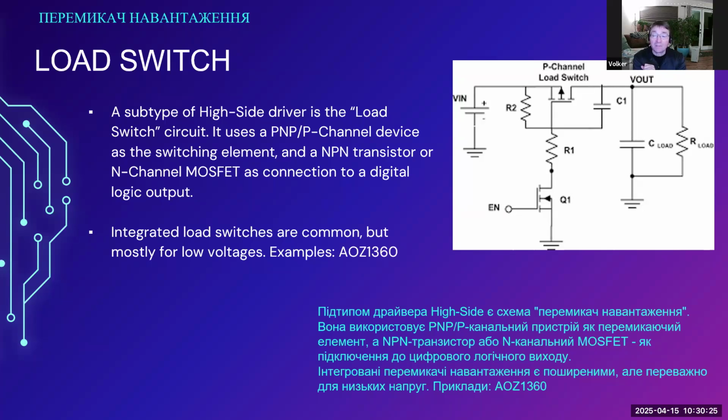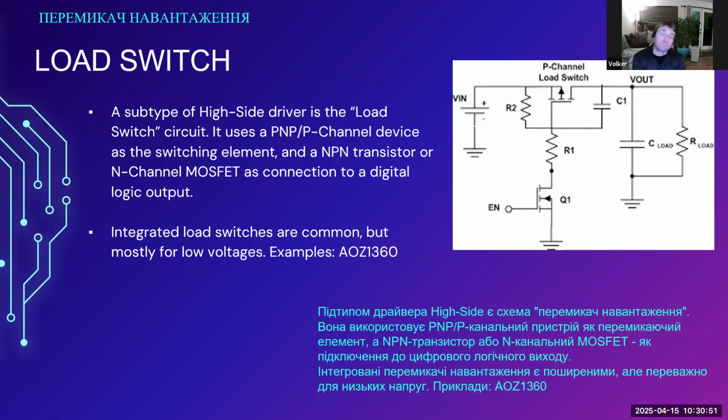Basically you are triggering Q1 from the microcontroller, and the microcontroller will activate the P-channel MOSFET by pulling its gate down. It works the same if you use a PNP transistor or a P-channel MOSFET. So you can implement this kind of high side drive with both technologies, with both transistors or MOSFETs.